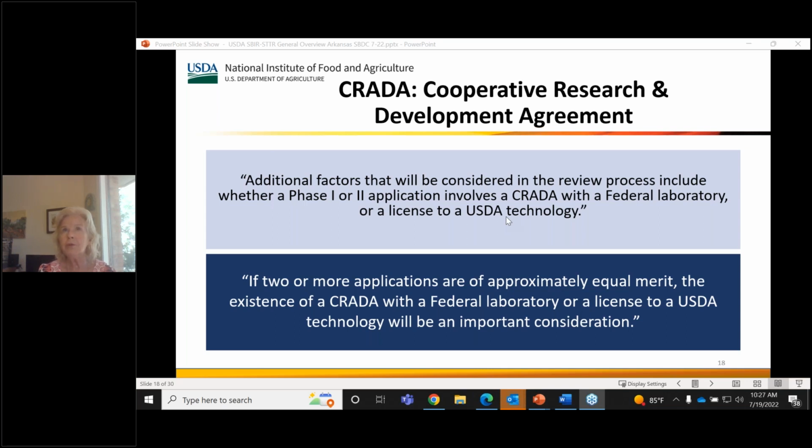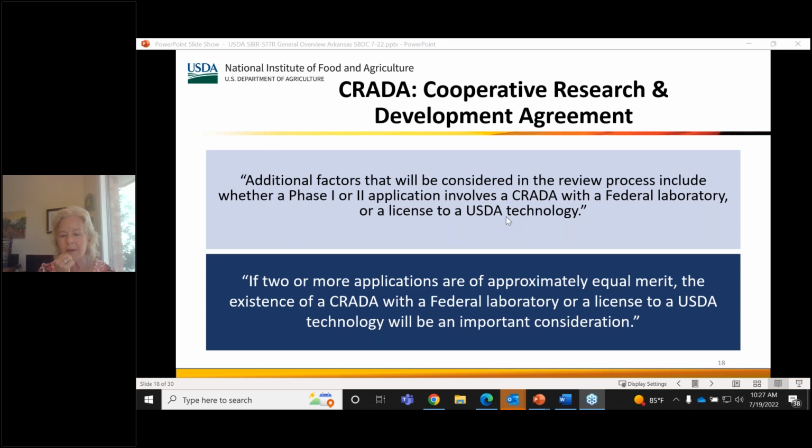You can email me, and I can get you the information about how to contact them, because I believe there are a couple of people that are handling this right now.